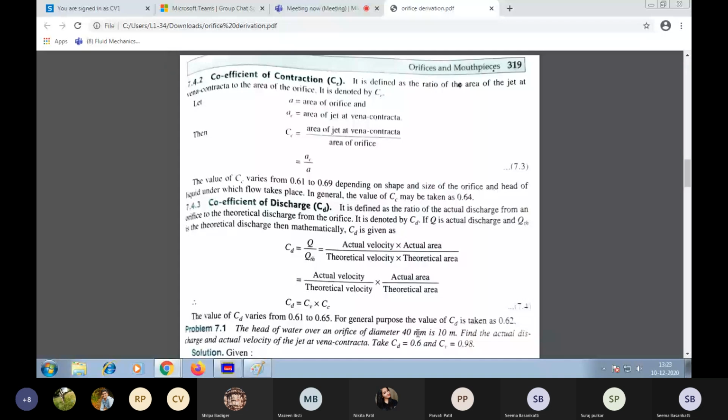The head of water over an orifice of diameter 40 mm is 10 meter. Find the actual discharge and actual velocity of the jet at vena contracta.